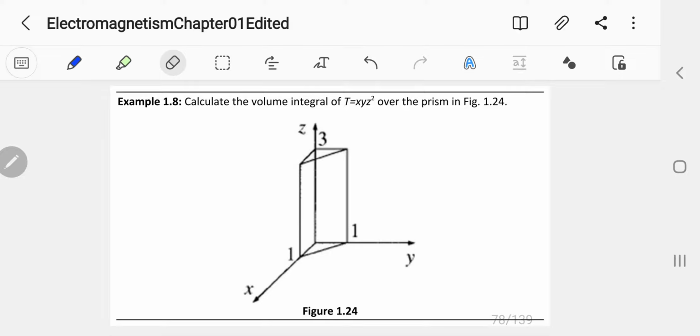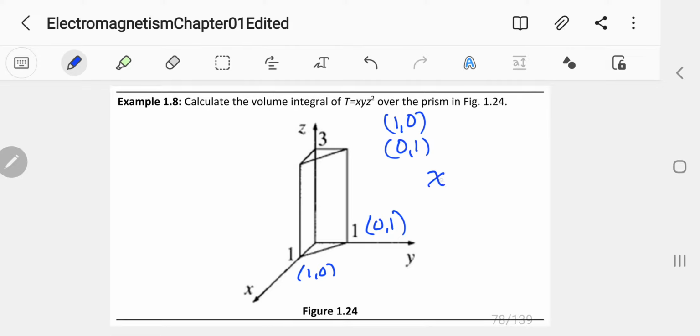So to get the linear relation between x and y, you have the two points here, 1, 0 and 0, 1. So you can get the equation of the line, which is the relationship between x and y.